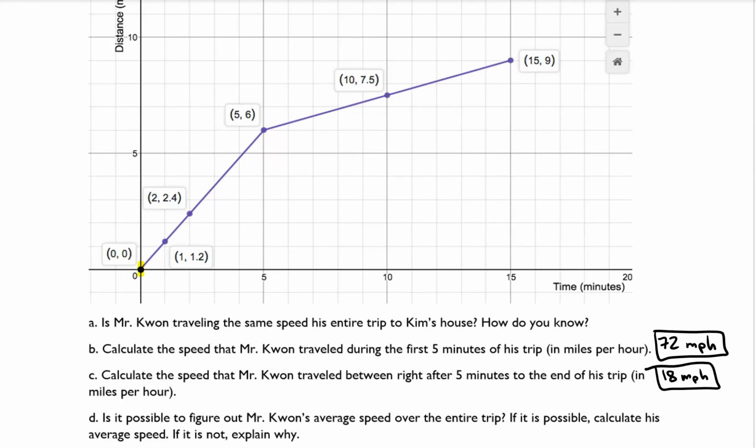So the first part of the trip is starting at 0, 0. So basically I have not traveled any distance and I have not traveled any time. And then I end up, this ordered pair here basically tells me that I have traveled 9 miles in the span of 15 minutes.